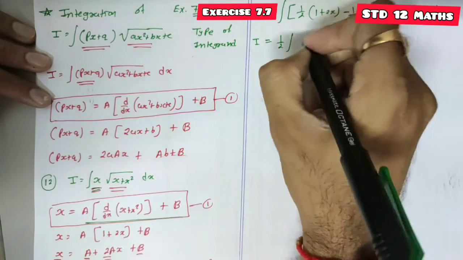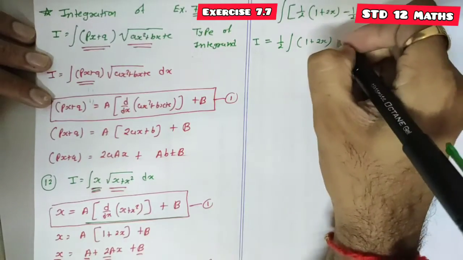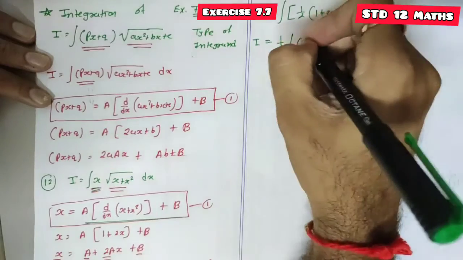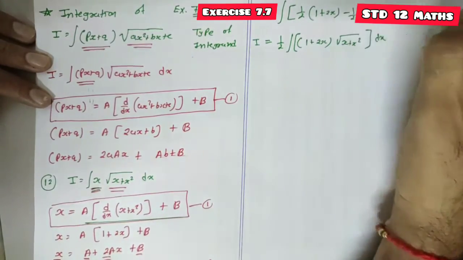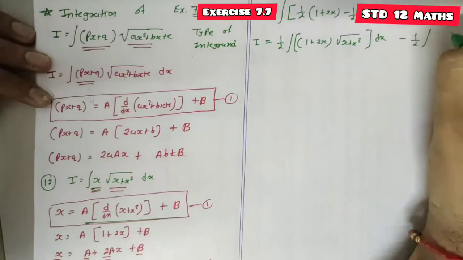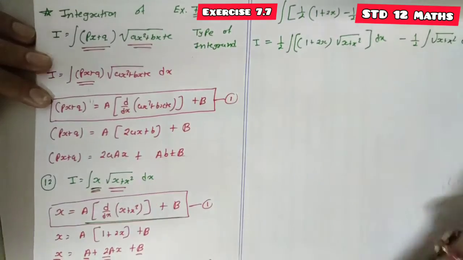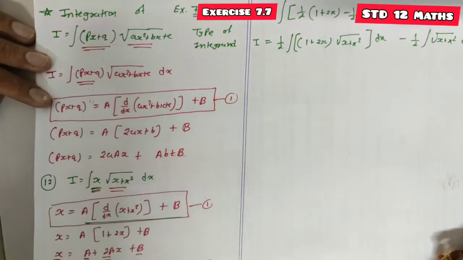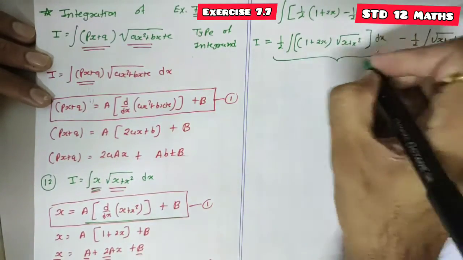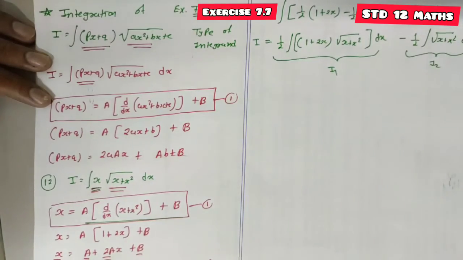So it's 1 by 2 constant, 1 plus 2x, and this whole bracket will be multiplied with this square root of x plus x square. Done. This is one integration dx. Minus 1 by 2 and this will be multiplied with square root of x plus x square dx. Done. So now consider this one as an integration I1 and this one as an integration I2.